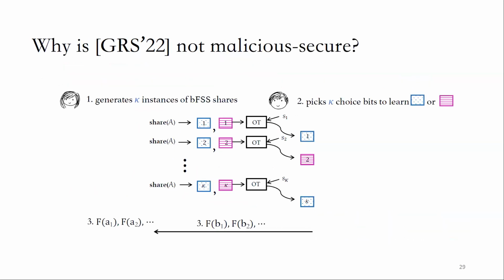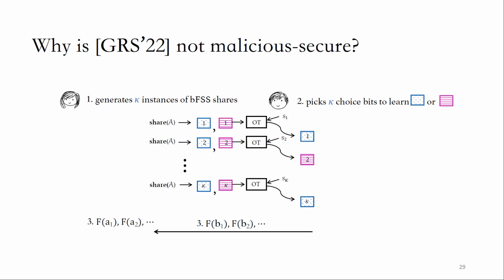Now let's reason about why it's not malicious secure. First, let's look at the easy case where Bob is corrupt. Notice that all Bob does in the protocol is indicate choice bits, and these choice bits are independent of his input. So there's not that much he can do. And one thing is you just replace these semi-honest OTs with malicious OTs.